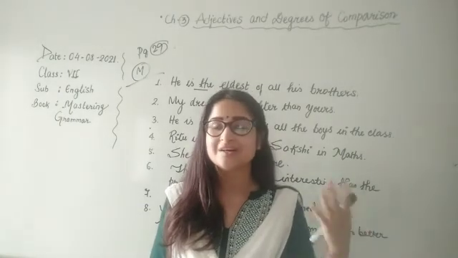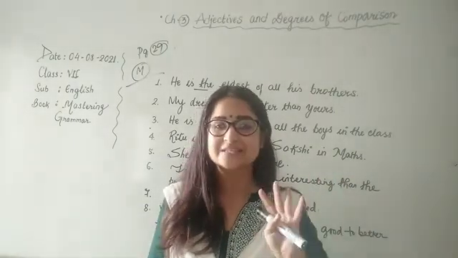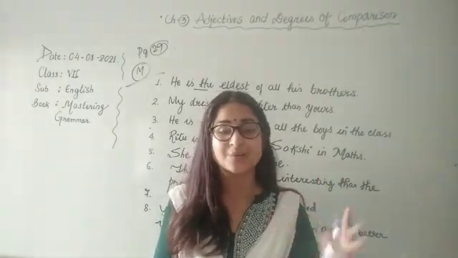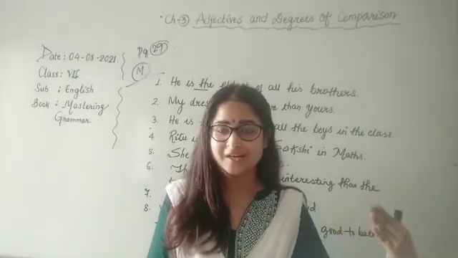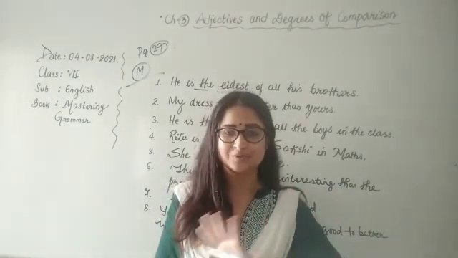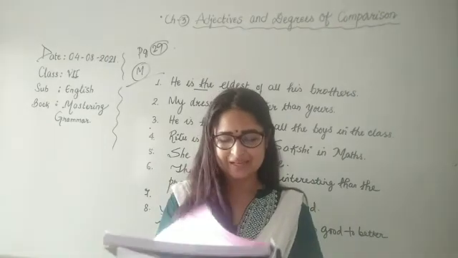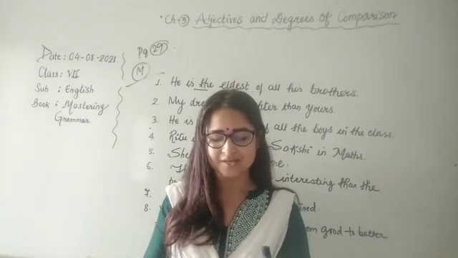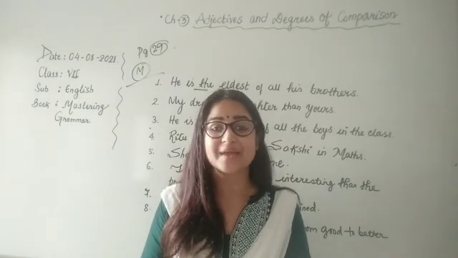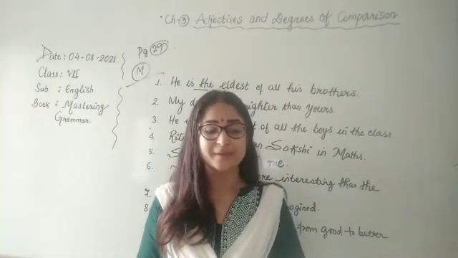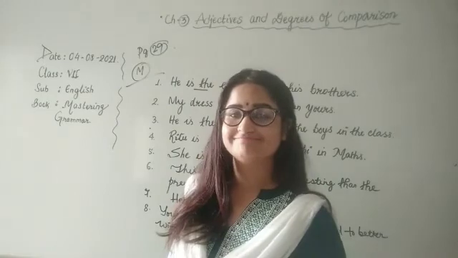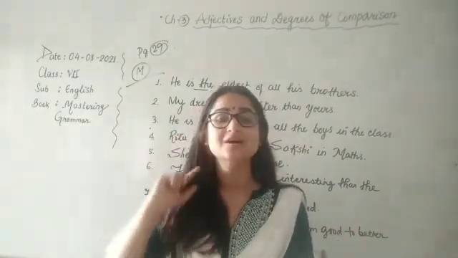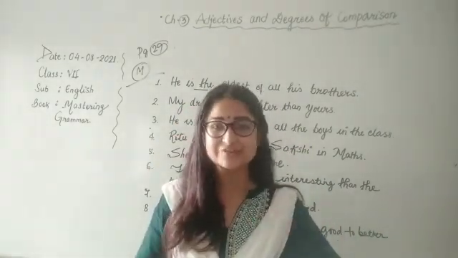And the words elder and eldest take neither than nor to. The superlative degree is used when more than two persons or things of the same class are compared, so for the same category we use the highest degree, the superlative degree.